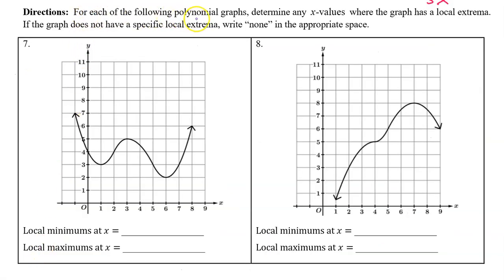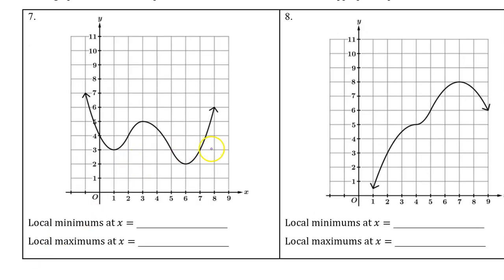For each of the following polynomial graphs, determine any x values where the graph has a local extrema. If the graph does not have a specific local extrema, write none in the appropriate space. Local extrema, so that means local maxima or local minima. So we can see that we have 2 local minima.